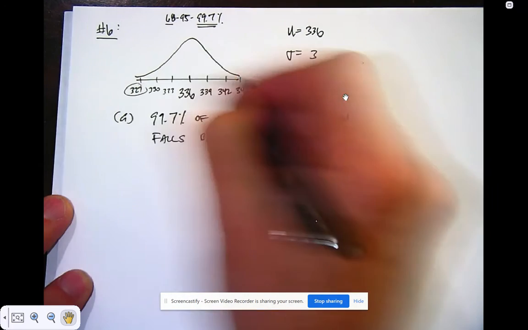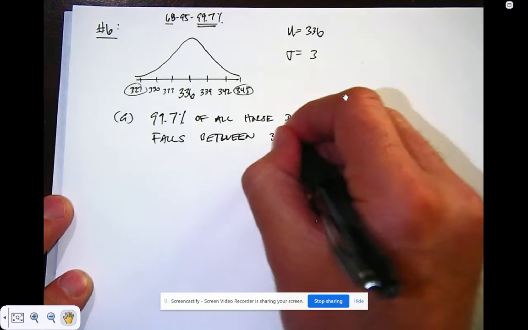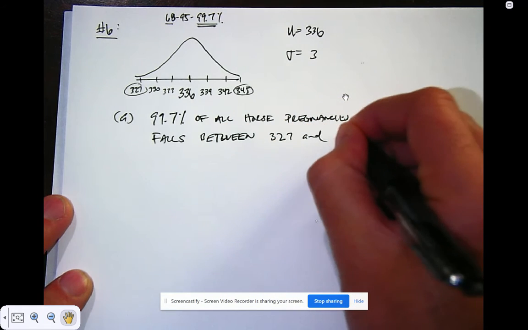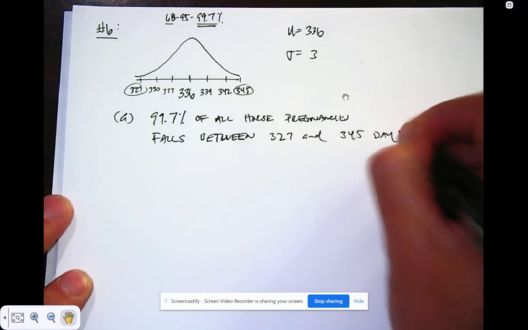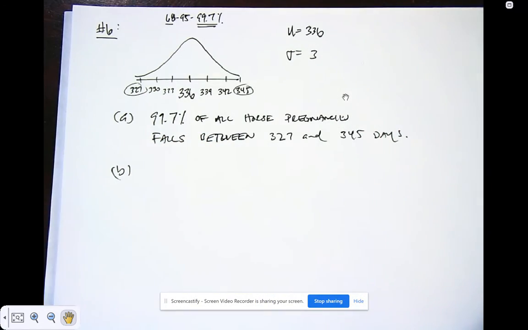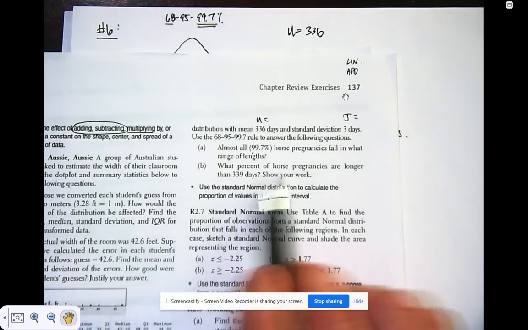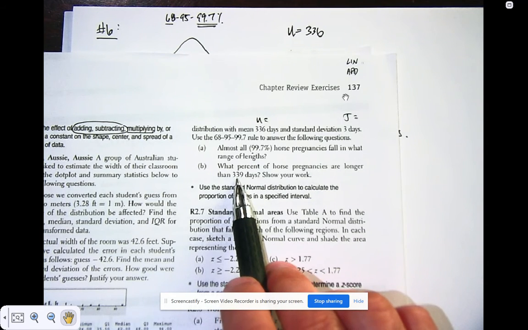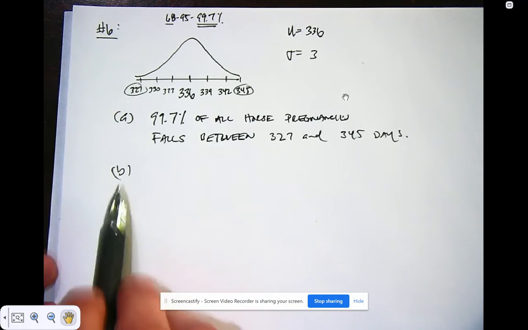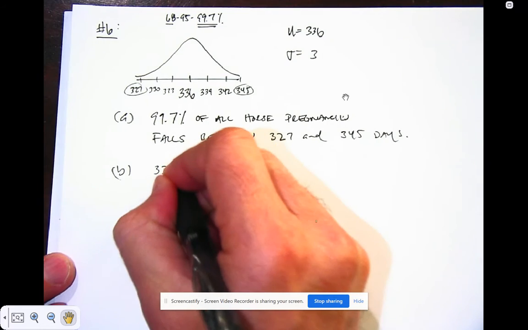So it's this guy and this guy, 327 and 345 days. Okay, simple stuff. Part B wants to know what percent of horses are longer than 339. Okay, so 339 days.